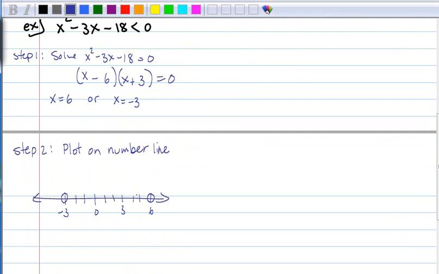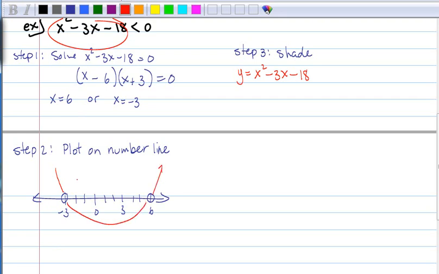Then I'm going to figure out my shading. Step 3. To figure out my shading, I'm going to take this left expression and set it equal to y. Again, that's a parabola that opens upward, but now it has the x-intercepts of 6 and negative 3. So there's my parabola.